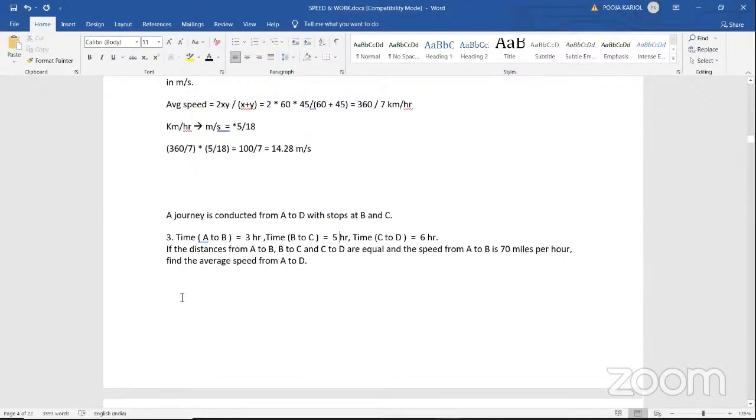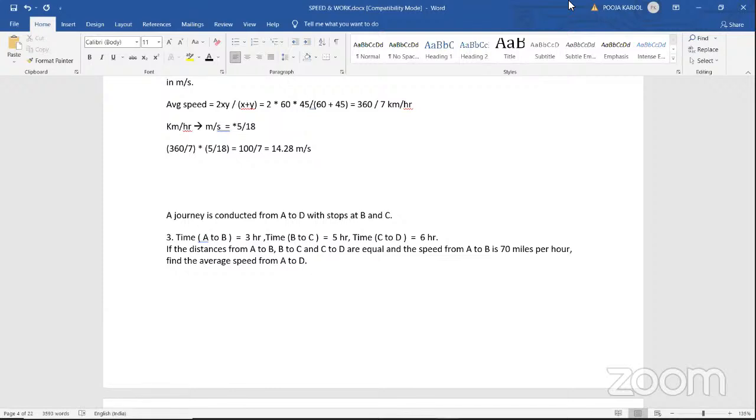Okay, see, they've given time from A to B, B to C, and C to D. So individual times are given. Let's try. Ma'am, 45 is correct.